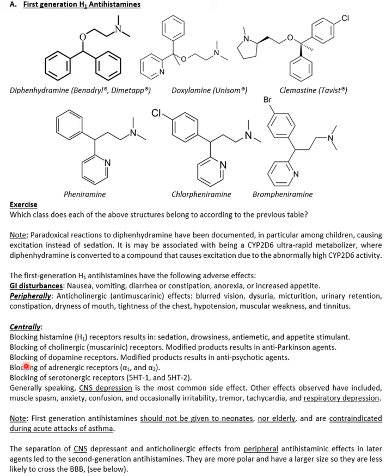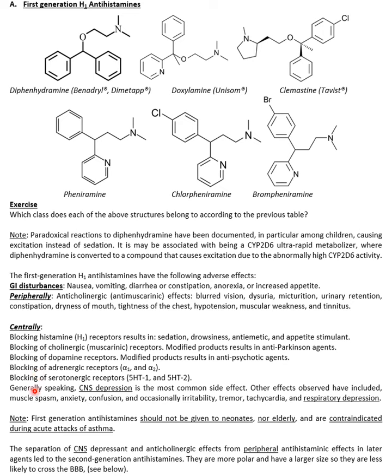Another central effect of the first generation antihistamine is blocking the dopamine receptor, and thus they should be avoided in the case of people with psychotic diseases. In fact, further modification of the antihistamine led to the discovery of antipsychotic agents. And additionally, you have other effects on the adrenergic receptors and serotonergic receptors.